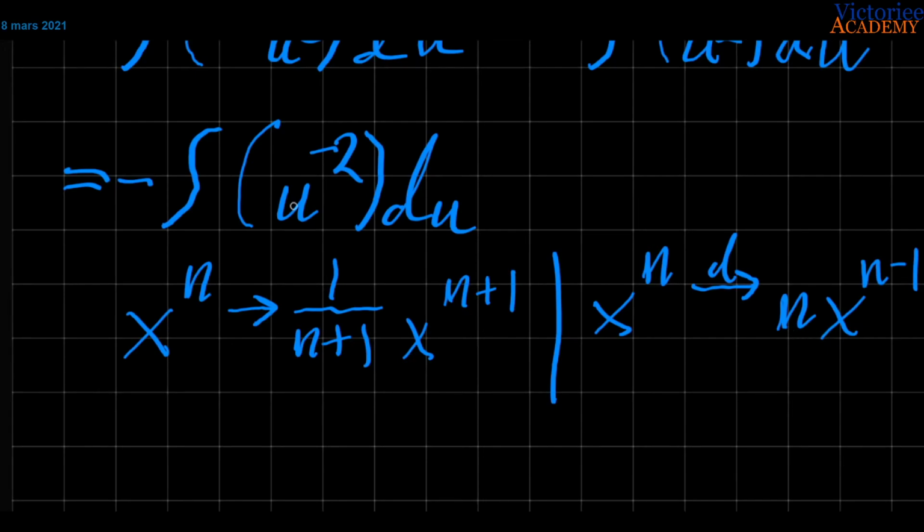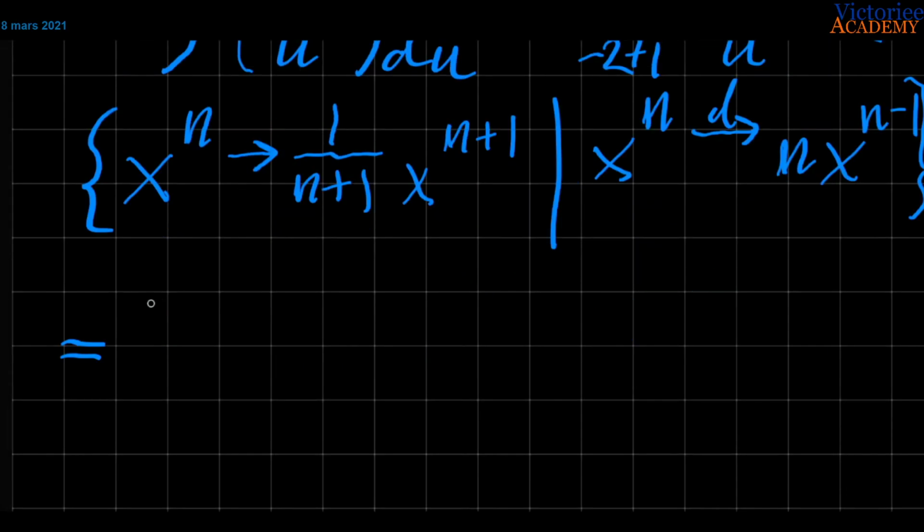So when we find the primitive function of this indefinite integral, we can now say that it is minus 1 over n, so minus 2, plus 1, times u to the power of minus 2 plus 1, which is just equal to 1 over u.